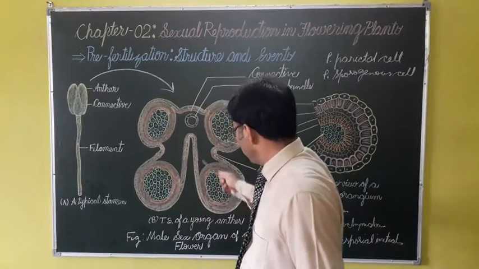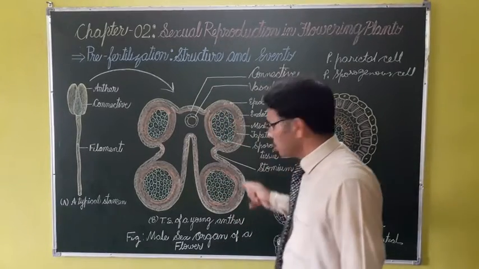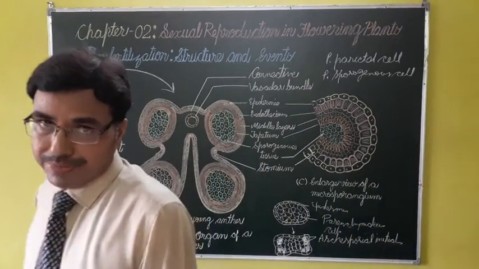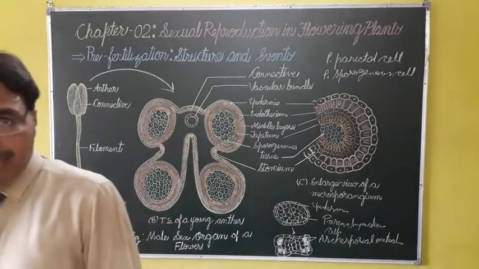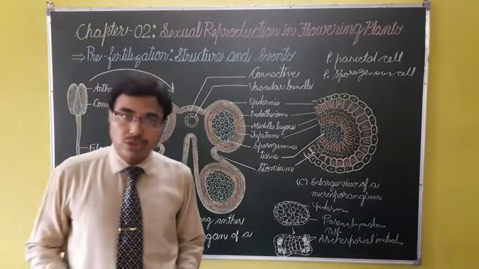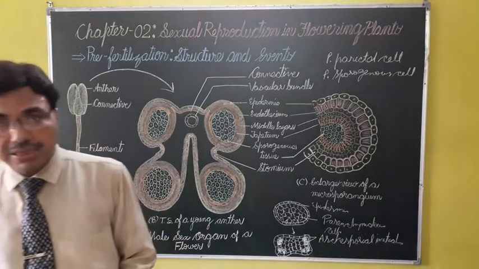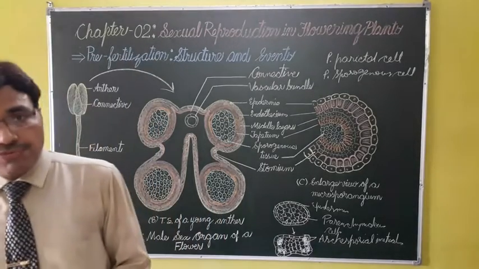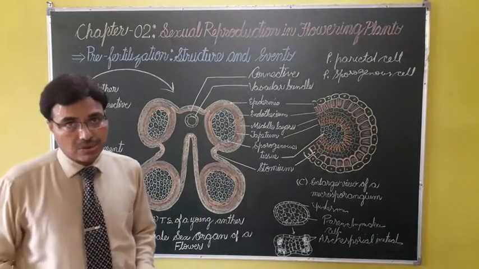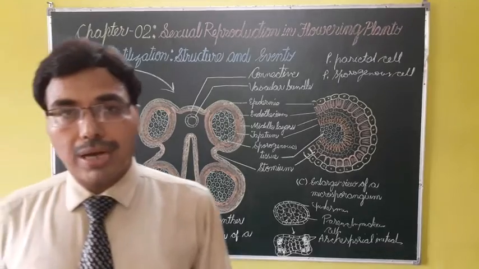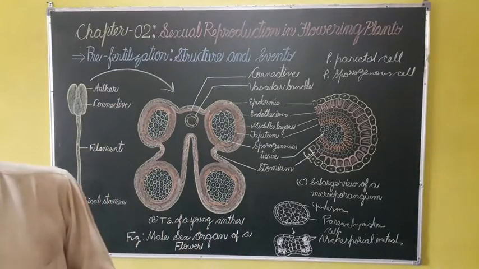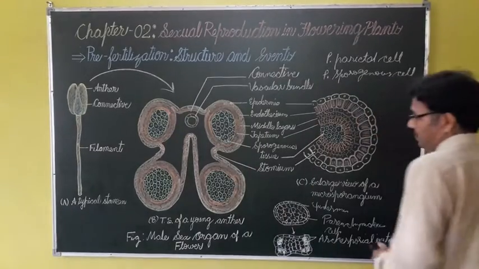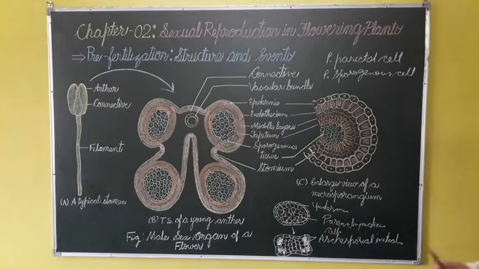This other lobe again has two microsporangia. So in a typical anther, four microsporangia are there. Can anybody tell me an example where there are only two microsporangia in an anther? Yes, there is a family which is called Malvaceae. In the Malvaceae family, the anther has only one lobe, and since only one lobe is found, only two microsporangia are there. Right, students?